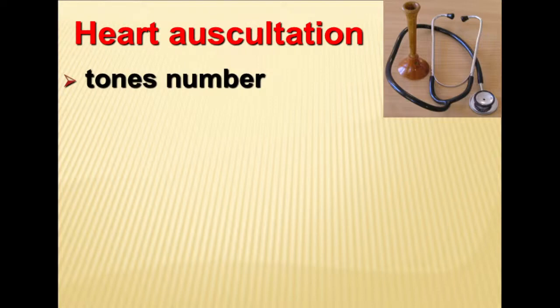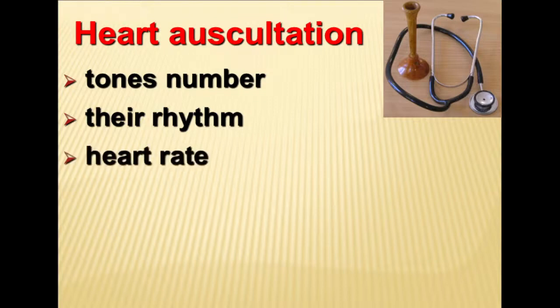Some case we can hear 3 sounds about which we talk later. Assess number of the auscultated sounds. Then we'll assess the rhythm, which may be regular or irregular. Depending on rhythm, we'll count heart rate.